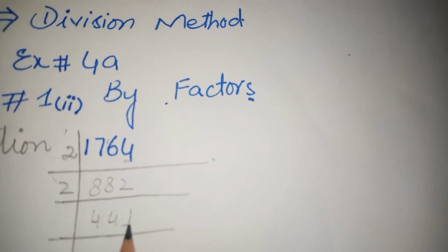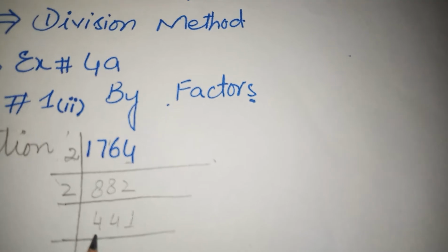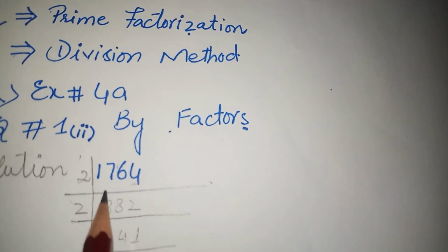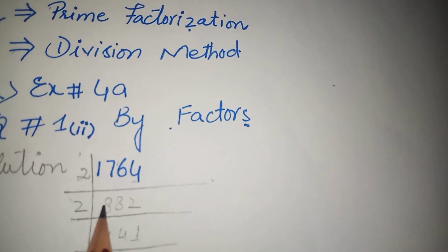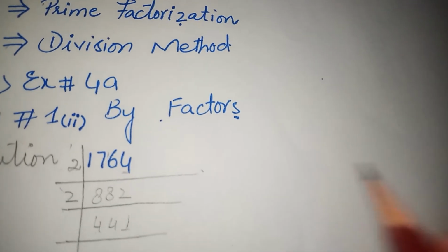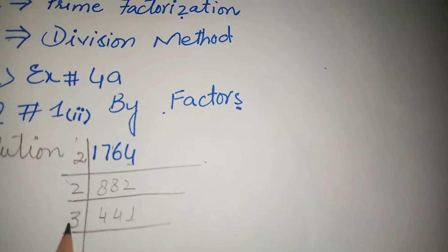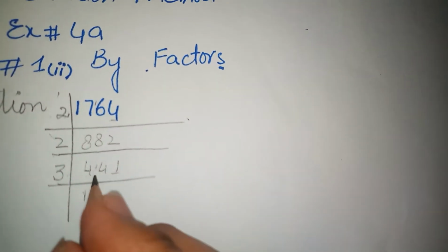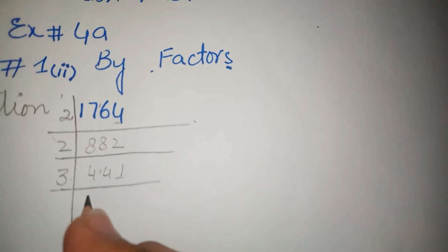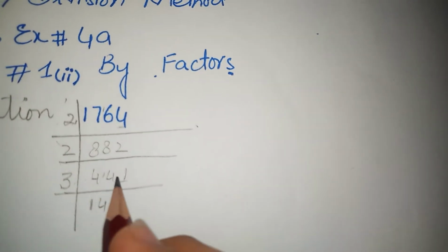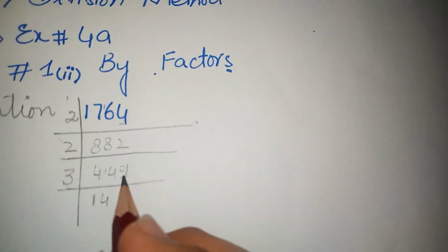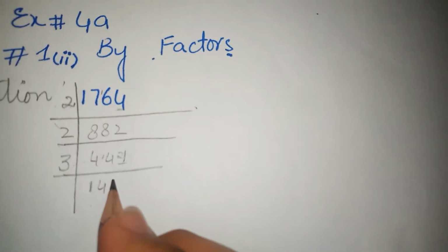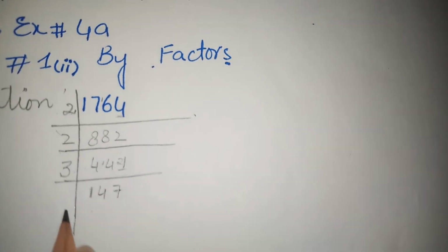Now the number is odd, so now we will check which number could divide 441. 3 can divide it. 3 1s are 3, 1 carry. 3 4s are 12, 2 carry, that will become 21. So 3 sevens are 21.